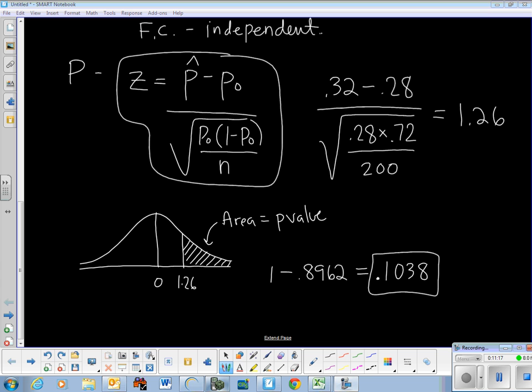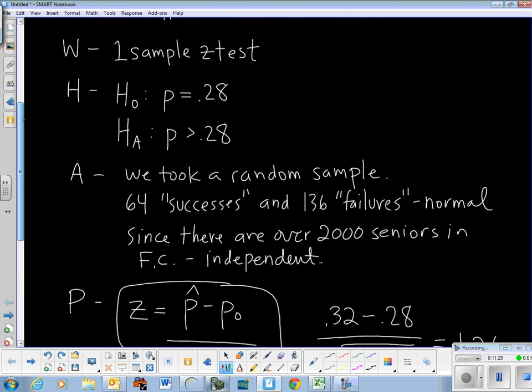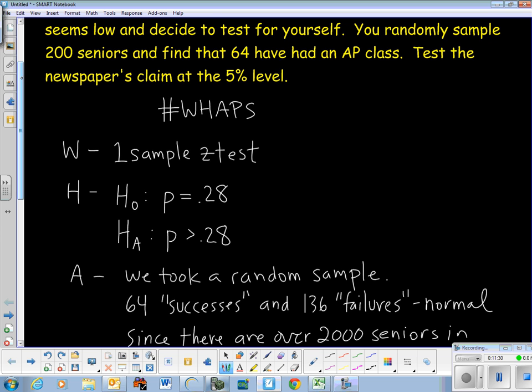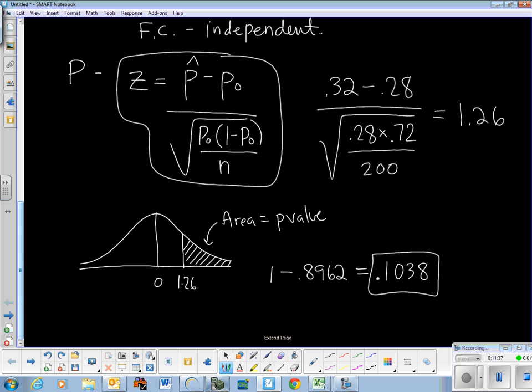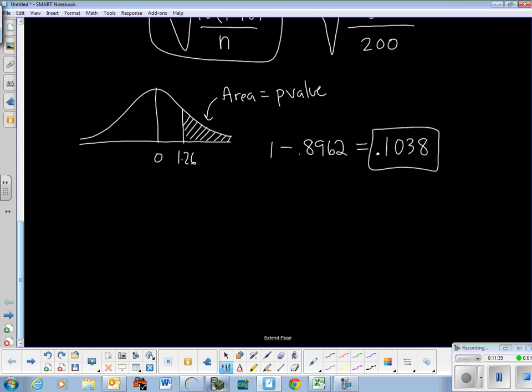Make sure you understand what that means. Low p-values are evidence against the null. High p-values are not evidence against the null. So I got 10%, and I'm testing at the 5% level. I need to get below 5% before I'm going to reject the null hypothesis.